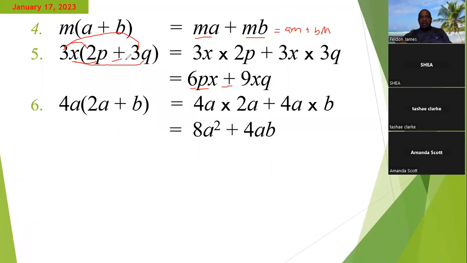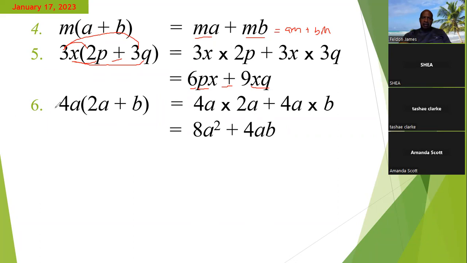So that would be 9x cubed. Now, if you want to write this in alphabetical order, then the 6px would be okay. But for this one, with the 9, we would write that as 9qx. So we just switch this around. All right.